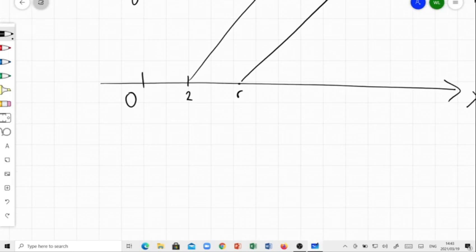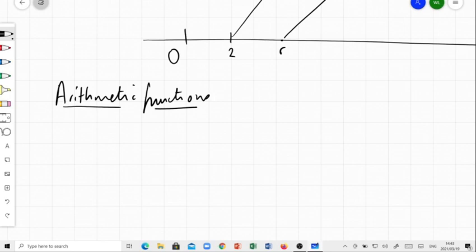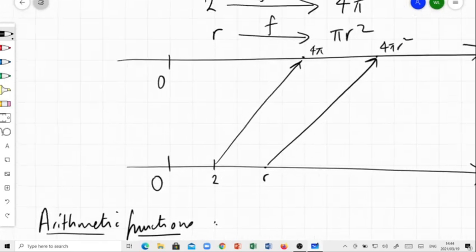So what we're going to do here is illustrate mapping diagrams with what I shall call arithmetic functions, okay? I'll explain to you what arithmetic functions are.